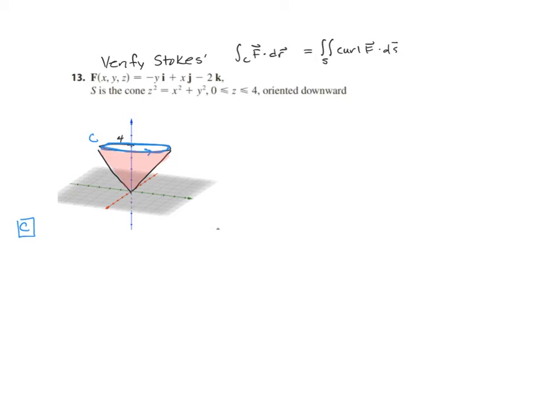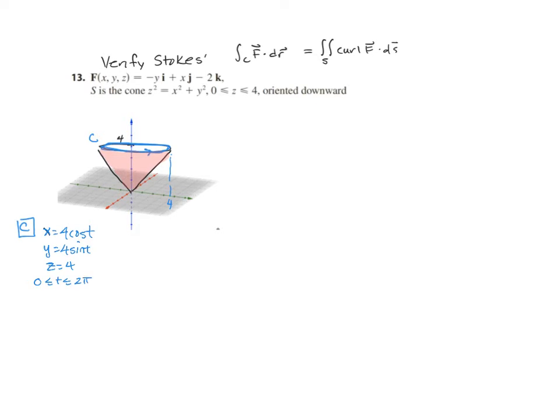This is a circle of radius 4. Parameterizing that curve, we get x equals 4 cosine t, y equals 4 sine t. That'll get me the circle, and then we are in the plane z equals 4.